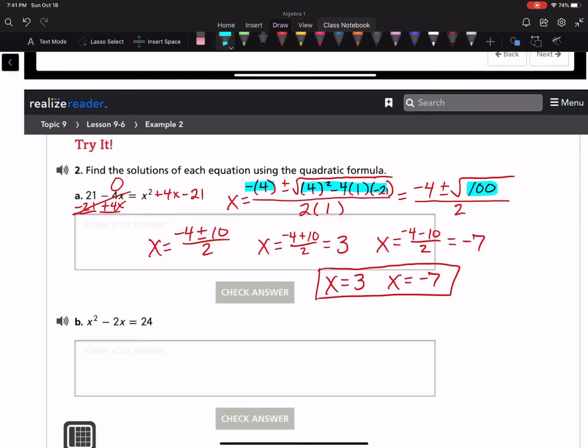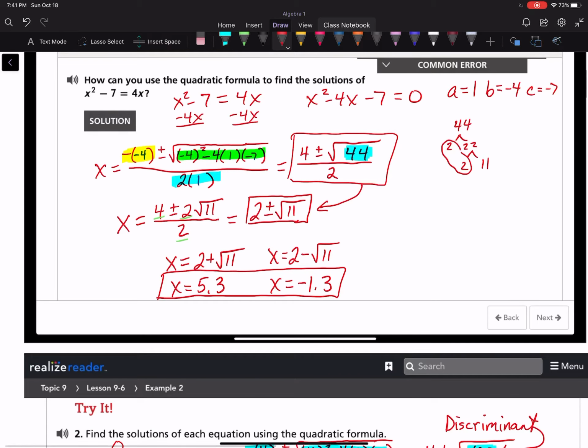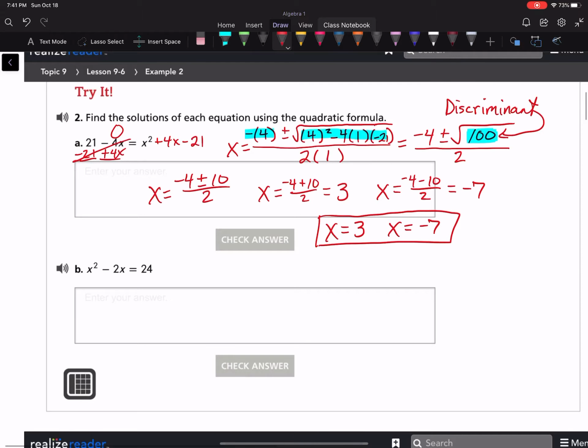This number under the radical is called the discriminant, D-I-S-C-R-I-M-I-N-A-N-T, discriminant. It's not including the radical, it's the number under the radical, okay? So the discriminant on the first one we did was 44. The discriminant on the next one, number 2 part A, I should say, is 100.